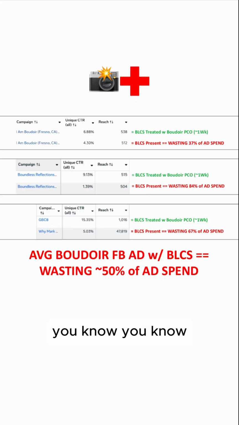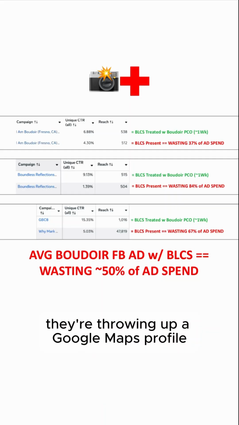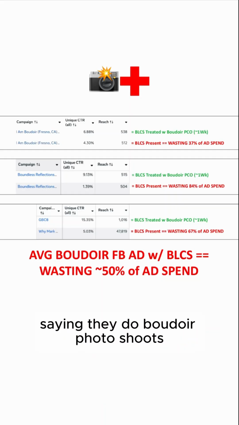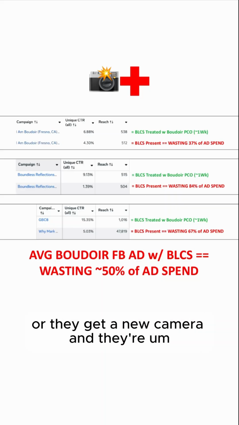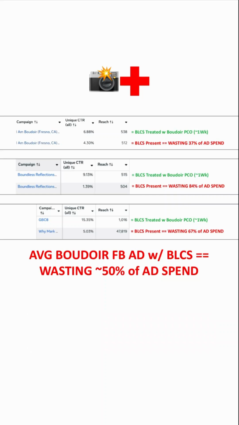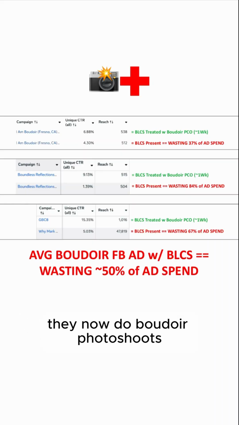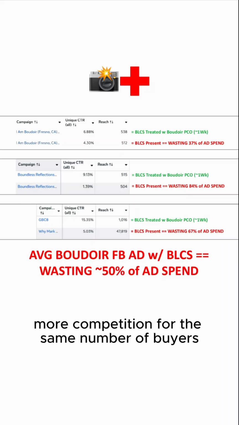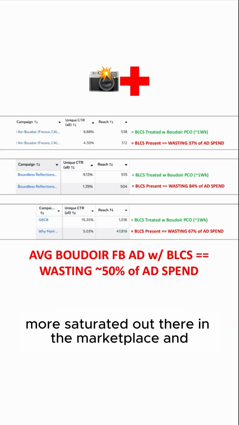You know, someone gets a new iPhone, all of a sudden they're throwing up a Google Maps profile saying they do boudoir photo shoots, or they get a new camera and then they're posting in the mom groups that they now do boudoir photo shoots. So it's basically more competition for the same number of buyers. So it's getting more competitive, more saturated out there in the marketplace.